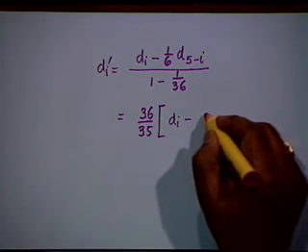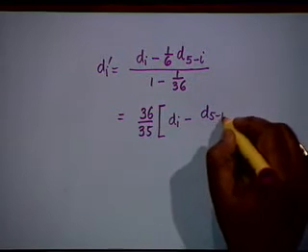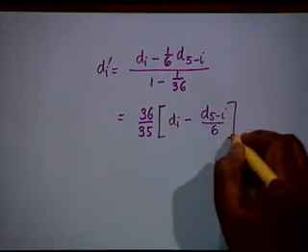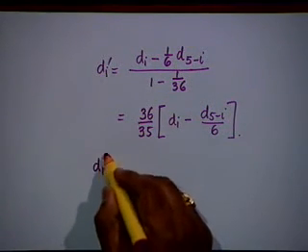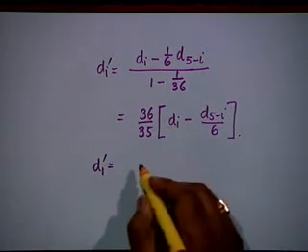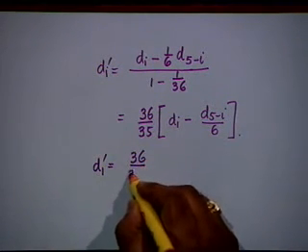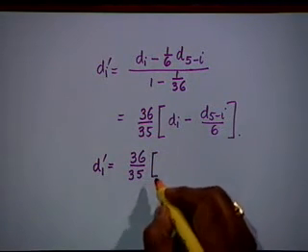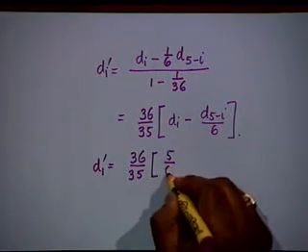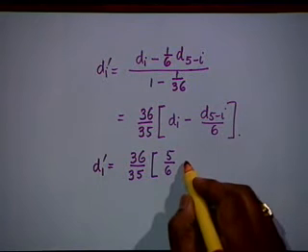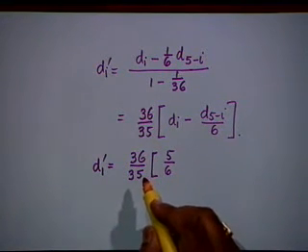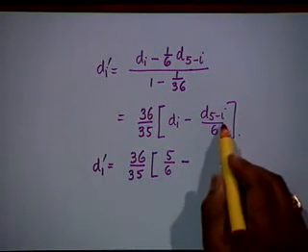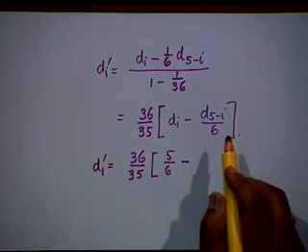di prime equals (di minus d5 minus i) divided by (1 minus d5 squared). Suppose I want to find out d1 prime, then 36 by 35. What is d1? 5 by 6, right? d1 is 5 by 6 minus d4.